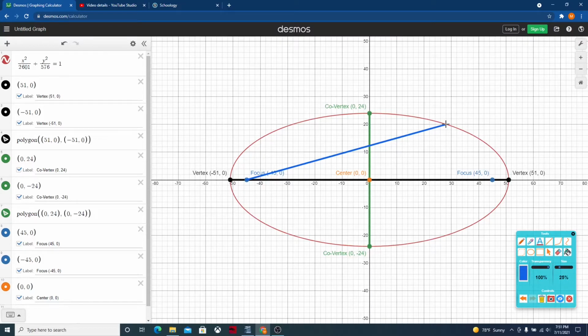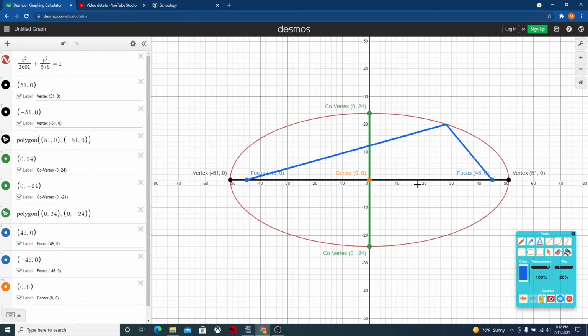And then we're going to go from that point back down to this other focus. Now, there's another triangle based on the foci of the ellipse, and going from the foci up to the point on the ellipse and then back again. Now, interestingly, the perimeter of that triangle is also going to be 192.